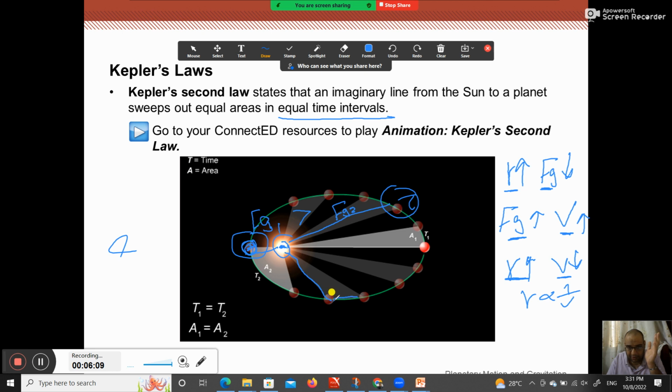time interval، شايفين الاريا دي اللي هي البلانيت draw it from the position of x to position of y، الاريا دي. This area is also equal to this area. Let's choose another one. This one.